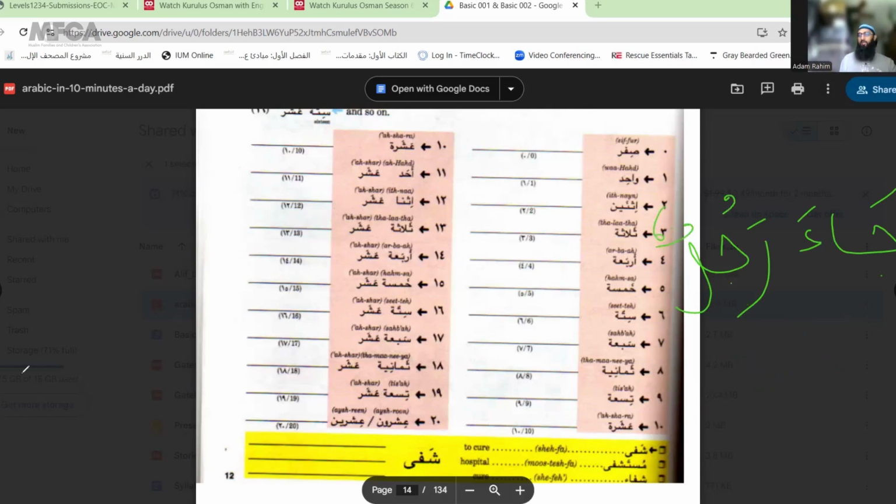What does this mean, guys? Ja'a means to come. And we took the word rajul as well, means a man. So if you put it together, ja'a rajulun, a man came. Very good.